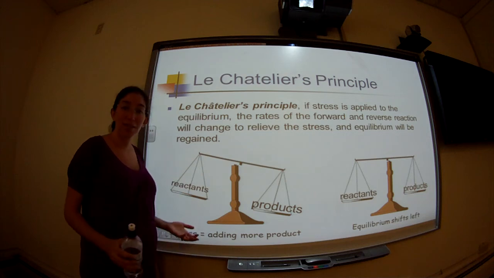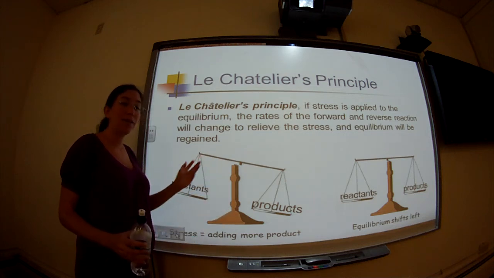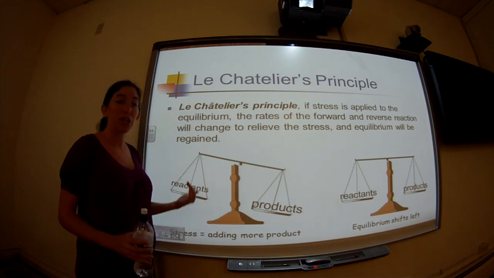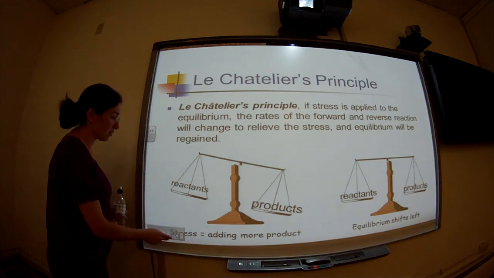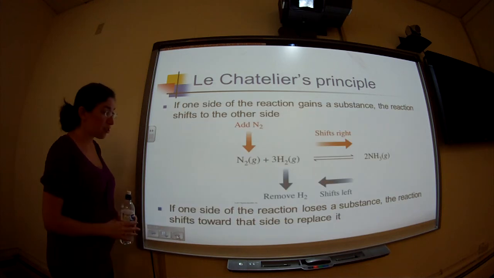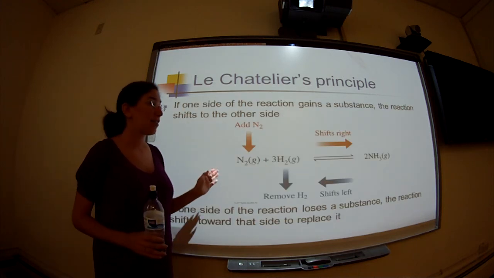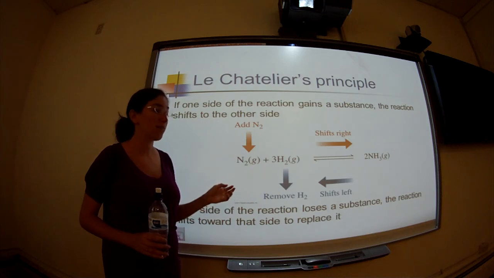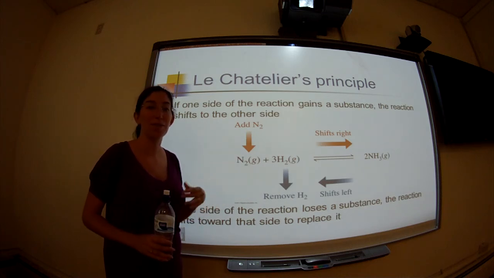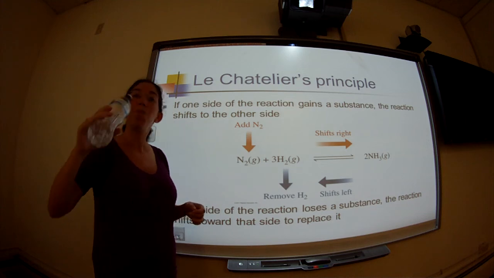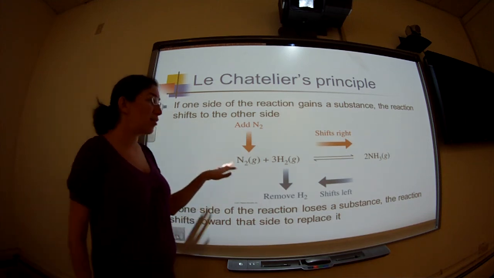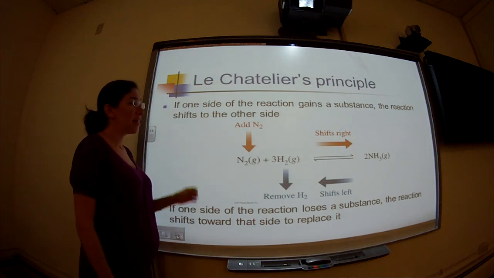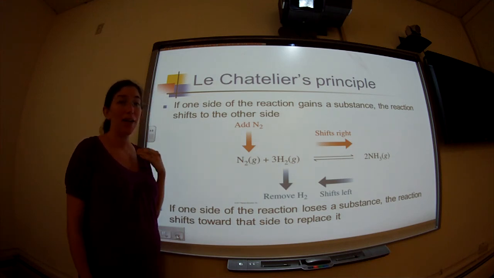If you stress the system by adding or subtracting more product or more reactant, you're going to cause the reaction to shift. I really like this figure from the book because it explains all the possible scenarios, using our ammonia example.